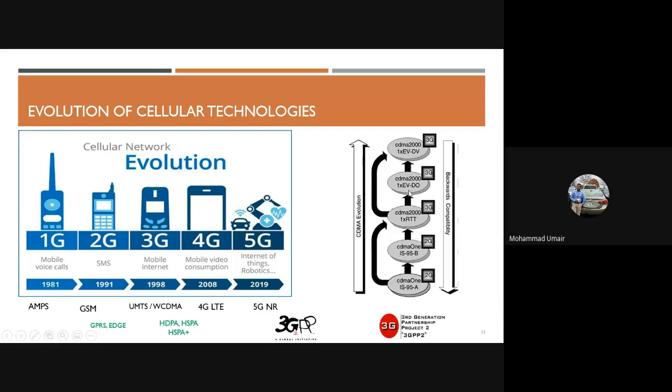And then there were certain evolutions called EVDO and EVDV. Again, changes were made on the radio network and also on the network design so that you can get a higher speed. The only difference was that CDMA 2000 supported both voice and data, whereas this supported only data.